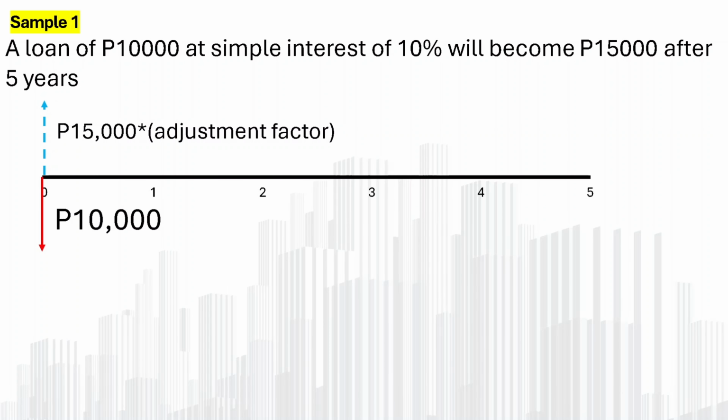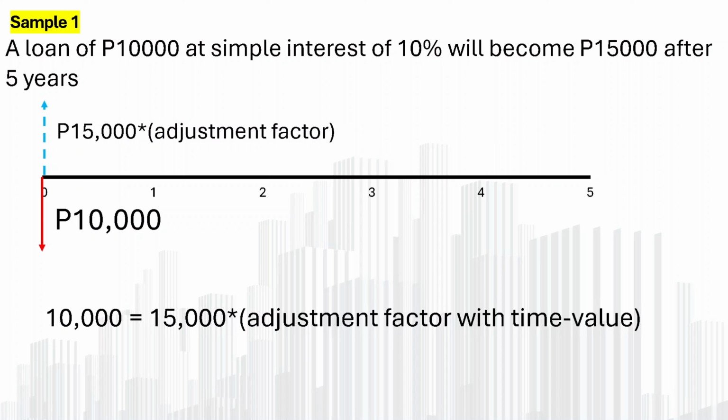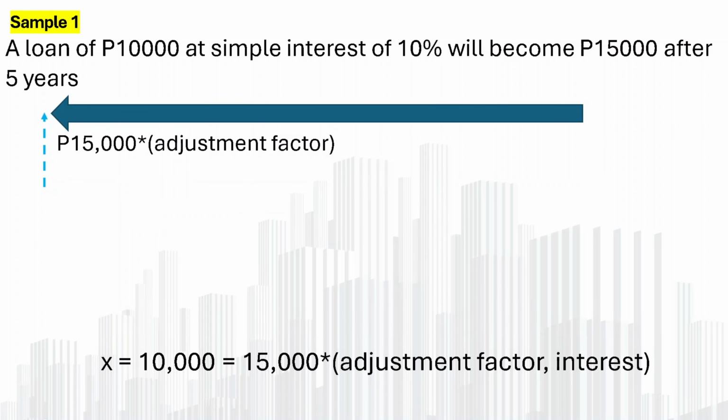Okay, we're just still representing this as it is lang muna. Okay, so to get you 10,000 pesos na yun, you multiply 15,000 with an adjusted factor with time value. Okay, so that means not only the interest rate, but how many years you go back, or how many interest periods. Okay, the same way with this is the sample one.